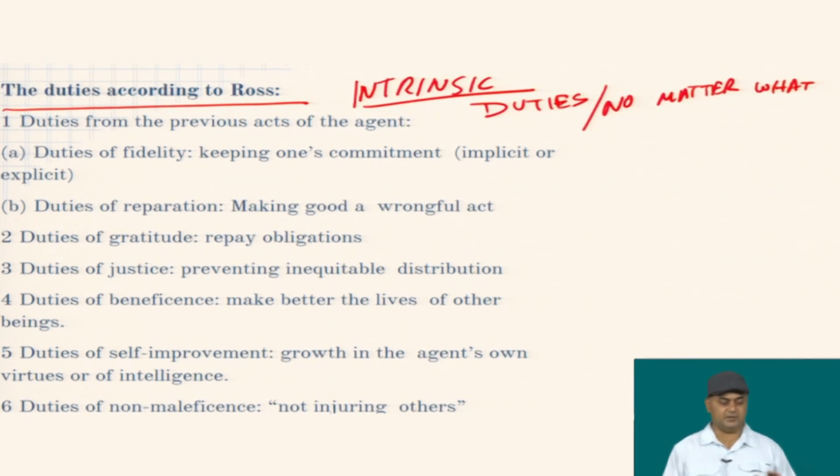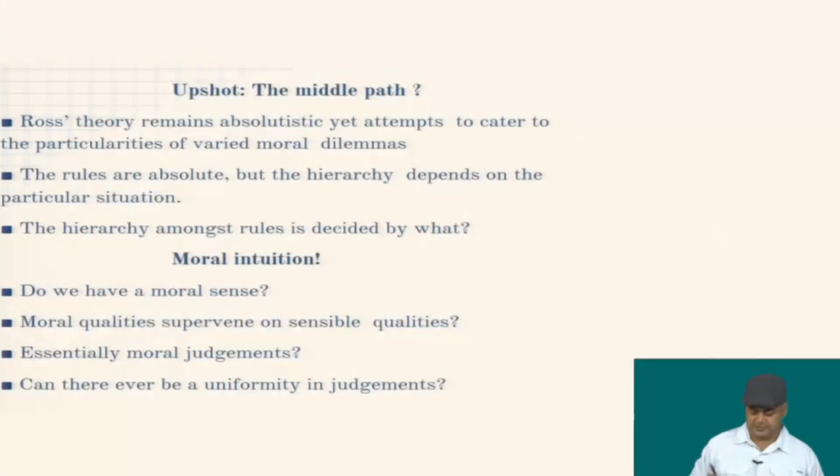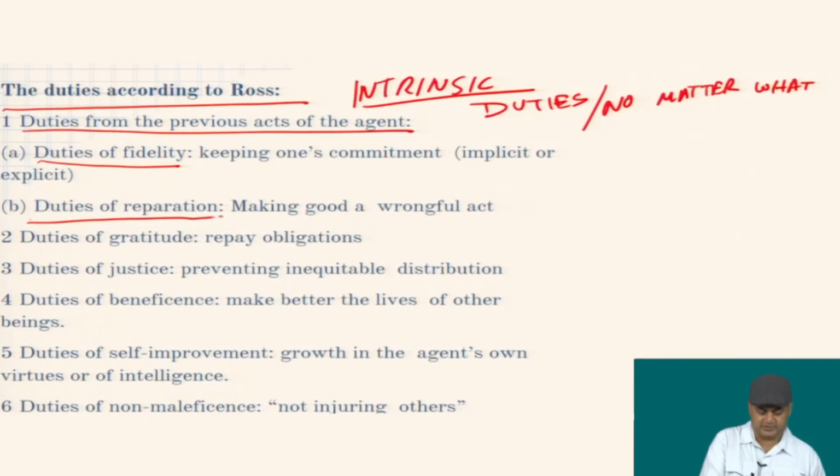So, let us quickly look at what are the duties that Ross talks about. Duties from the previous acts of the agent, that means things that come from the past. Duties of fidelity, that means keeping one's commitment, implicit or explicit, and duties of reparation. What is duties of reparation? Making good a wrongful act.